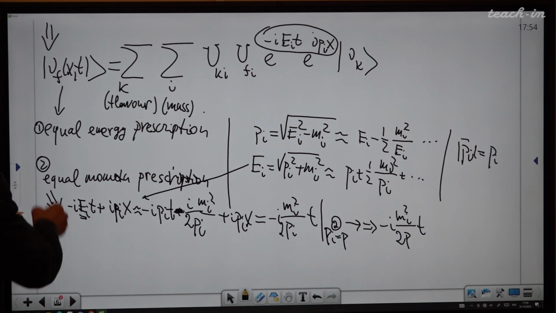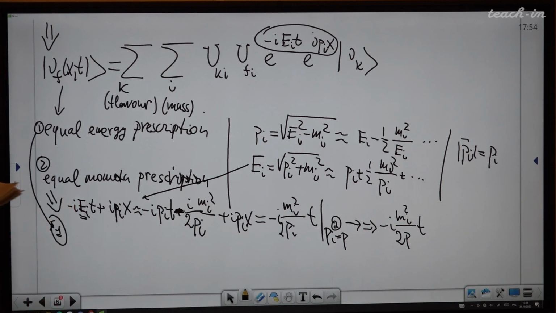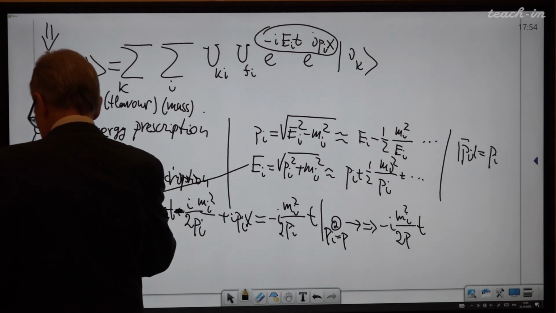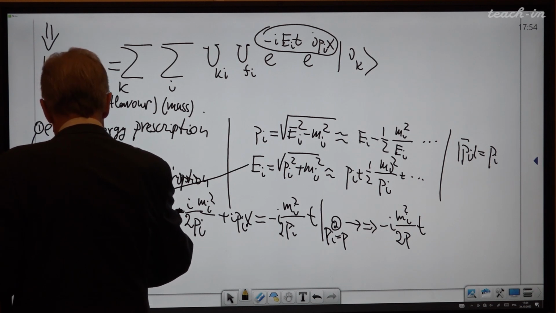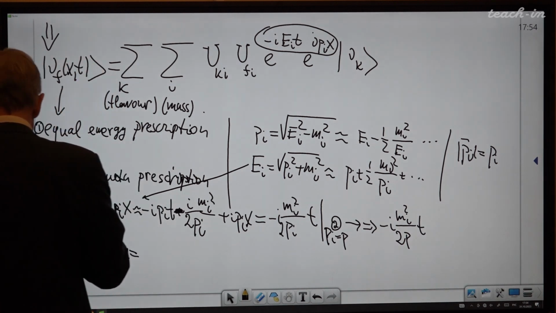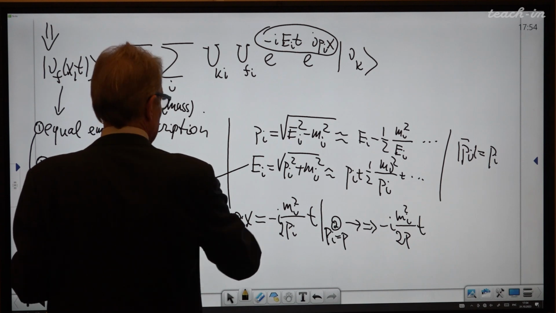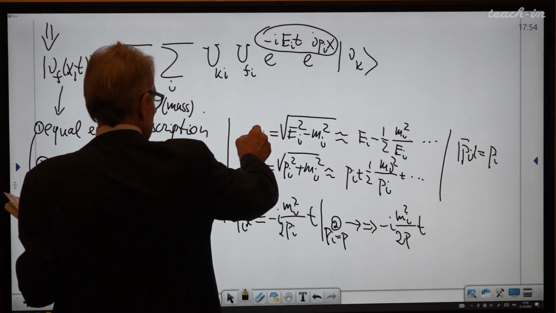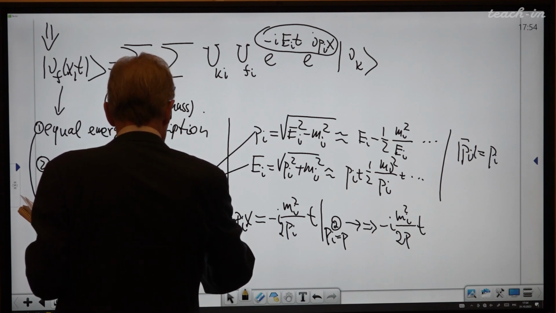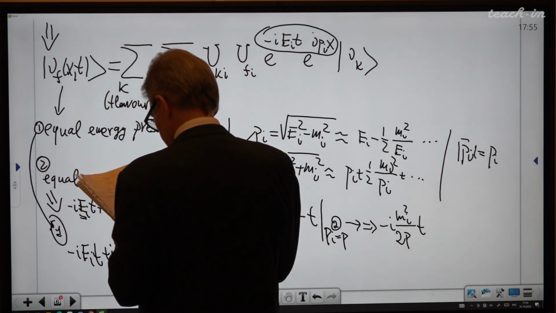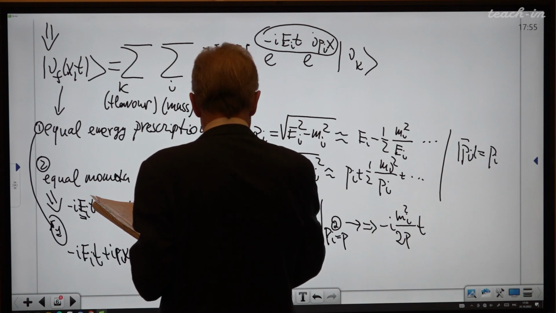Now for the equal energy prescription, we again expand: minus i E_i t plus i p_i x equals minus i E_i t, and then we expand the momenta using this expression here, plus i E t minus one half m_i squared divided by energy.